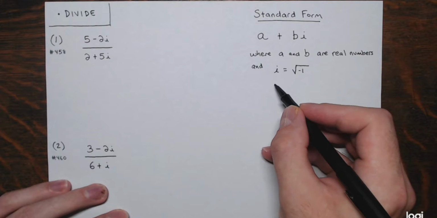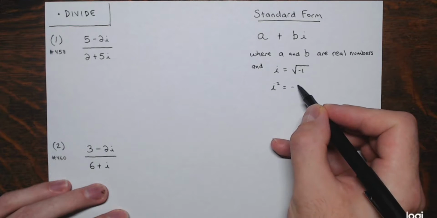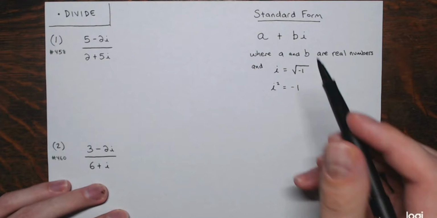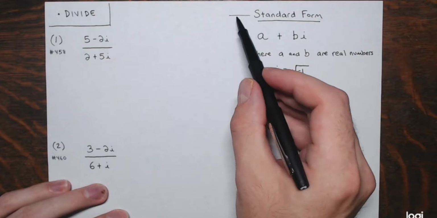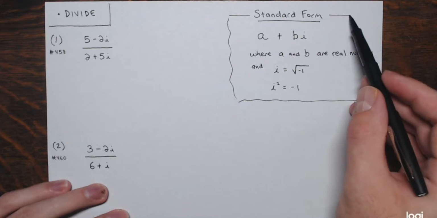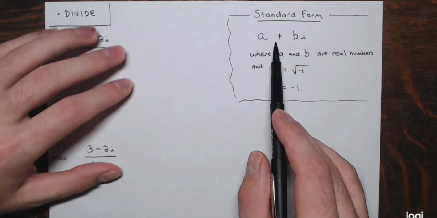So don't forget that i squared then is negative 1. i is a number that you can square and actually get a negative result. So I'm going to write all my results in this form, a real number plus an imaginary number.